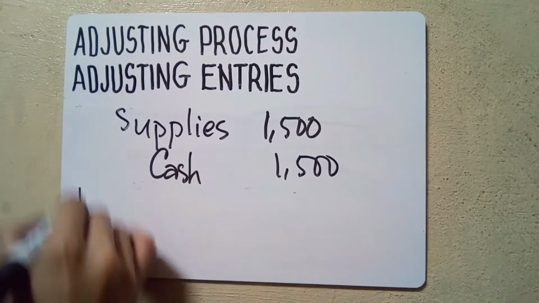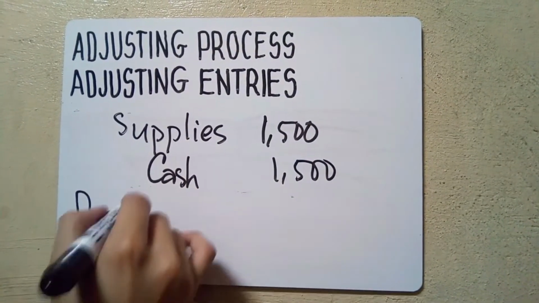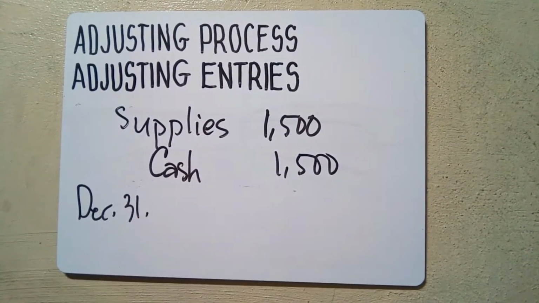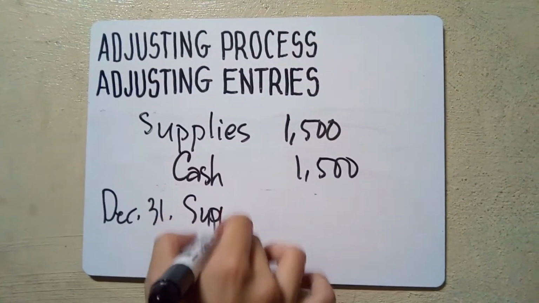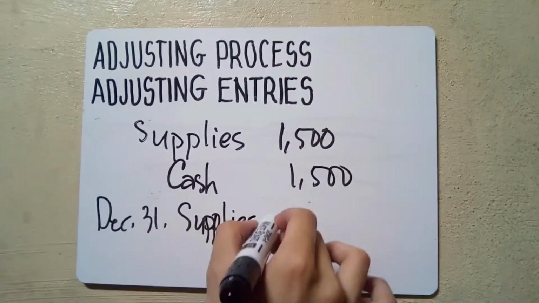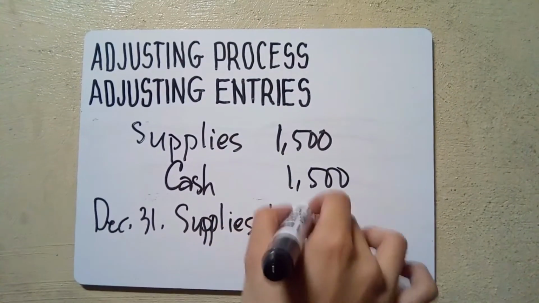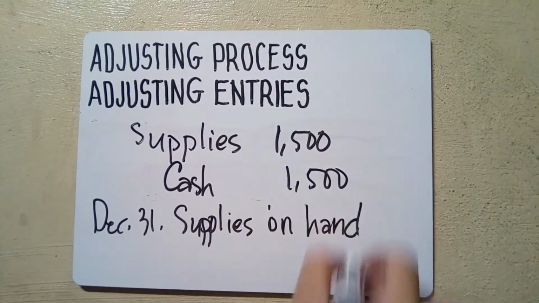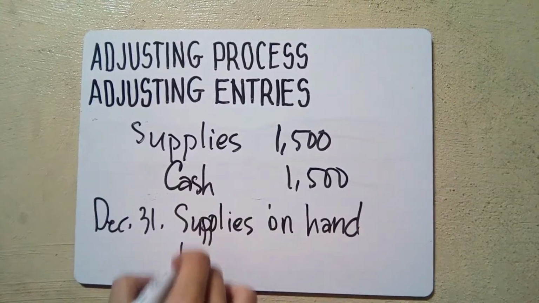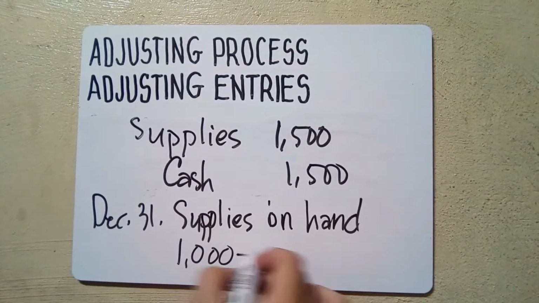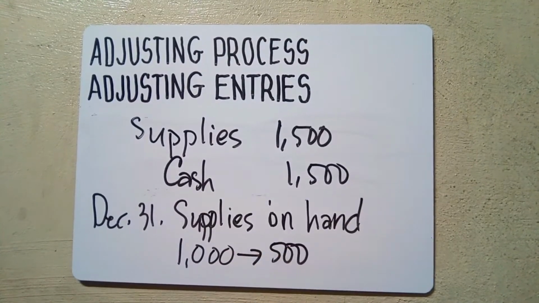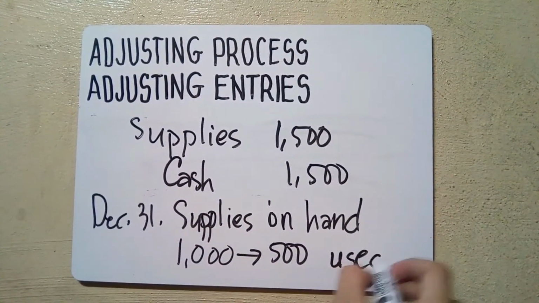And for example, on December 31, after the inventory count, the reported supplies on hand is 1,000 pesos. So the 500 pesos is already used.